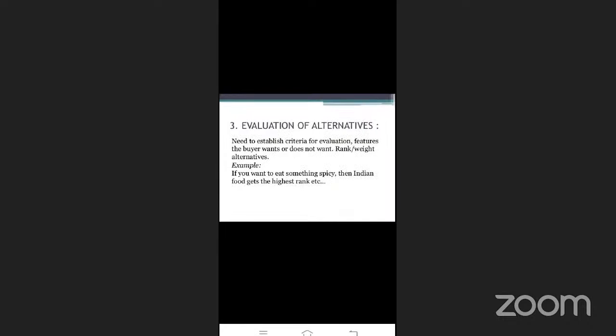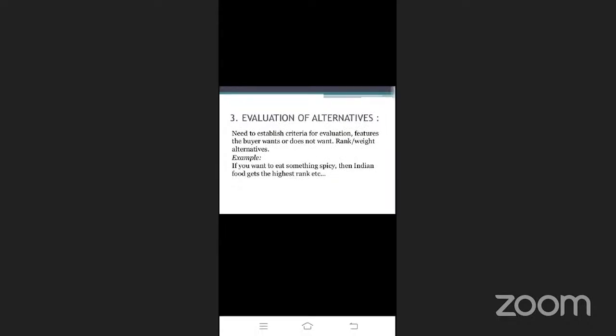After seeing how many alternatives are there, you buy the one you like. So here you need to establish criteria for evaluation: features the buyer wants or does not want, rank, weight, alternative. If you go to eat something spicy, then Indian food gets the highest rank. If you want something spicy, you will go for Indian food. Chinese, everything is there. So you will choose the best alternative. Okay.